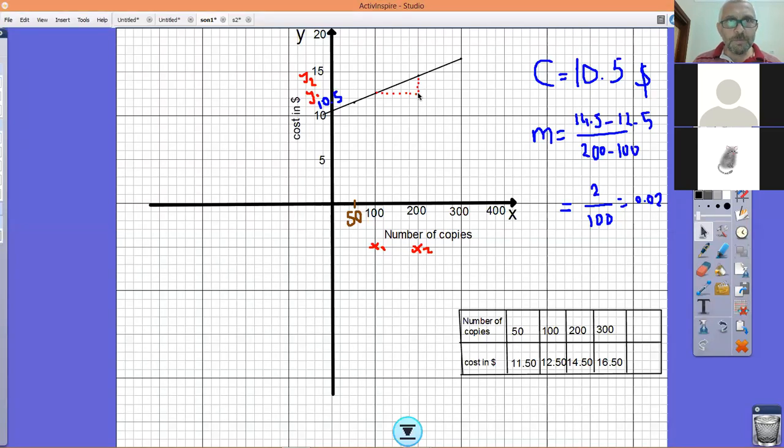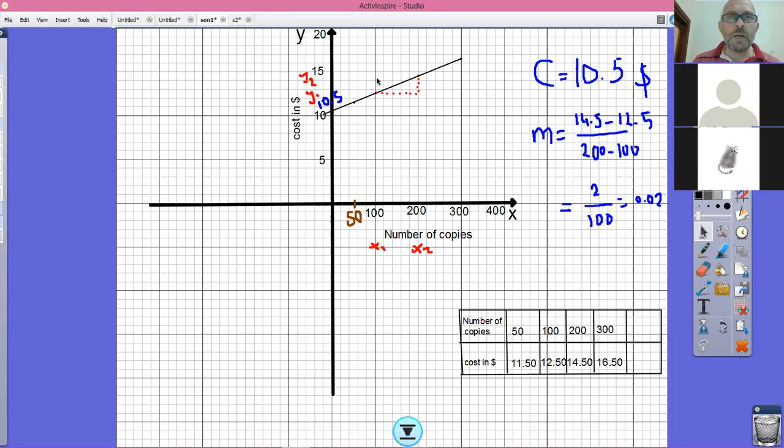After that, I need to find y2 and y1. From that point up, the first point is y1 and the second point is y2. y2 is 14.5 and y1 is 12.5.